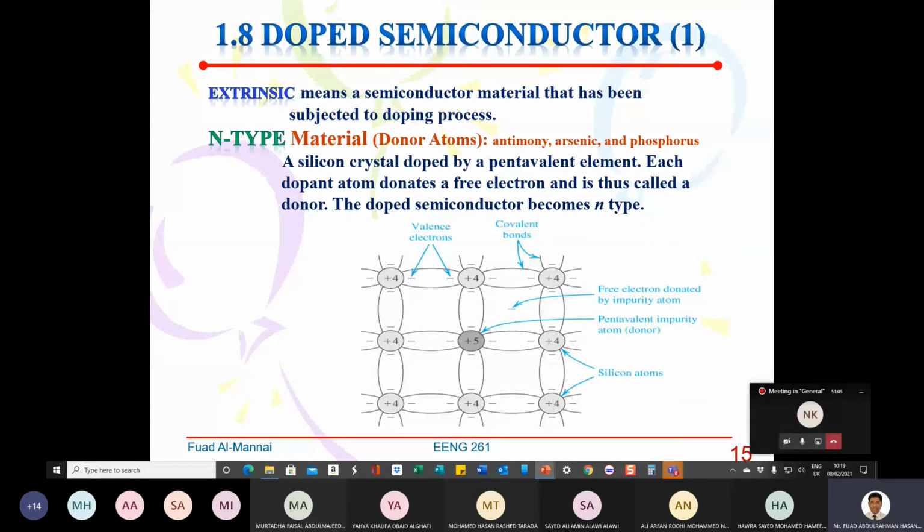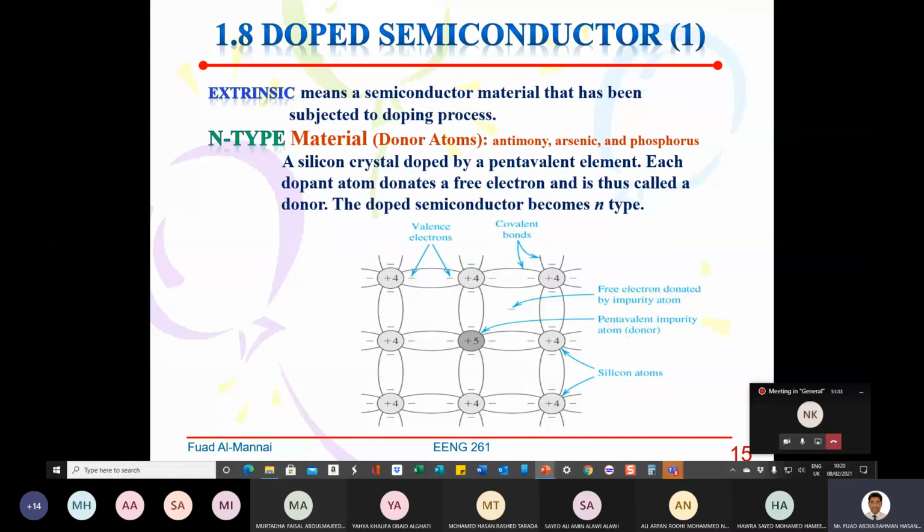What does doping process mean? It means we took some impurity material other than silicon and put it in the pure silicon itself. Why do we do that? It's because we want to increase the number of carriers in the pure silicon.